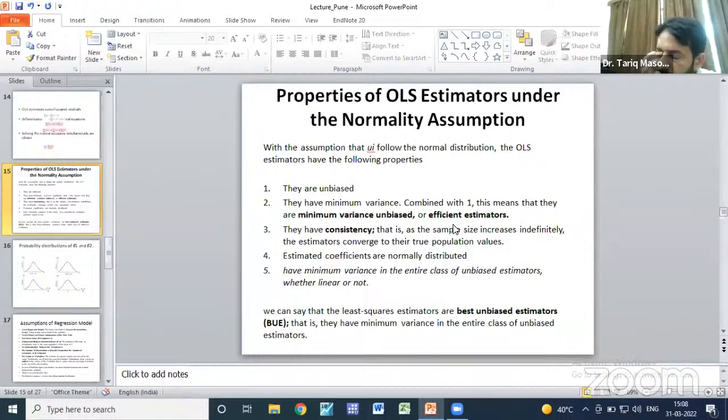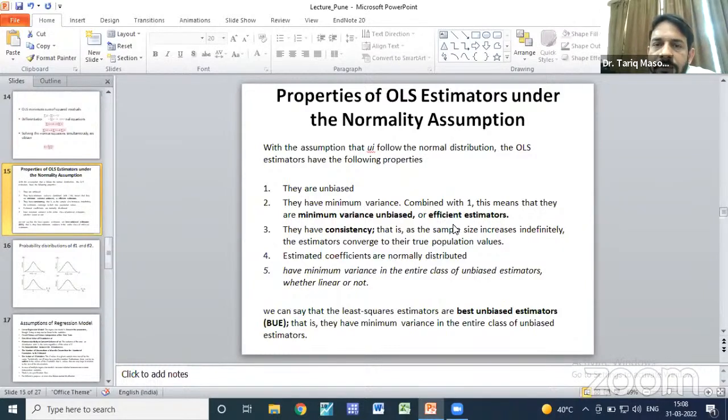When we take the average of all these betas, the average is equal to the true population parameter. If any particular estimator satisfies that property, that estimator is an unbiased estimator.